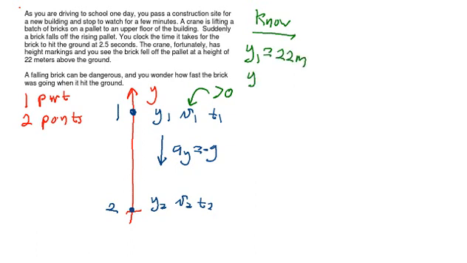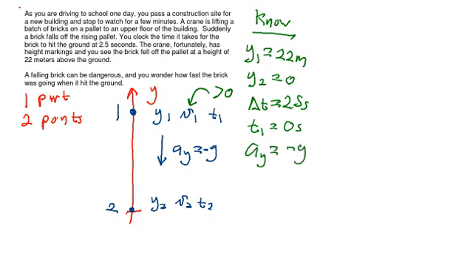The value of y2 is equal to 0. The value of delta t for this problem is 2.5 seconds. We can go ahead and set t1 equal to 0. And in our problem, the acceleration due to gravity is negative g in the coordinate system that we picked. And what we want to find in this problem is the value of v2.